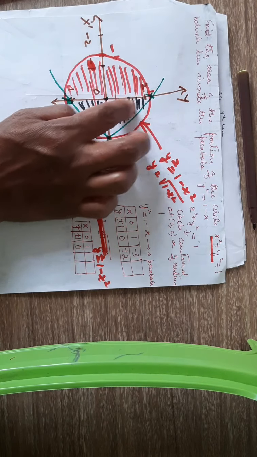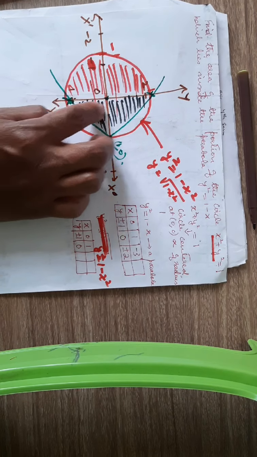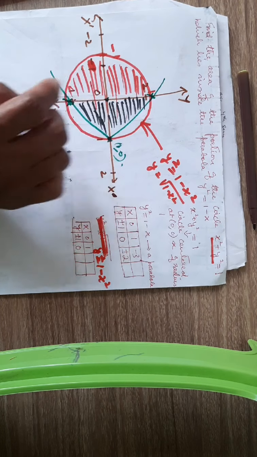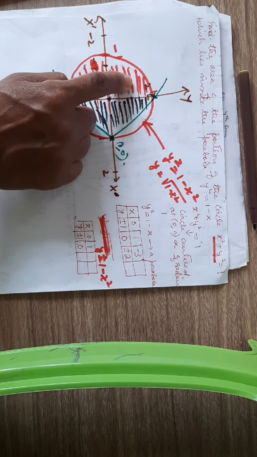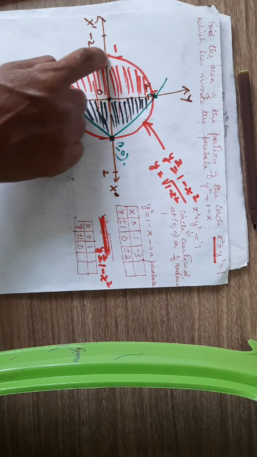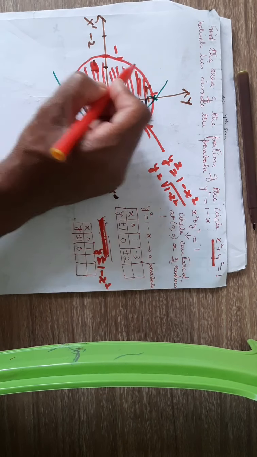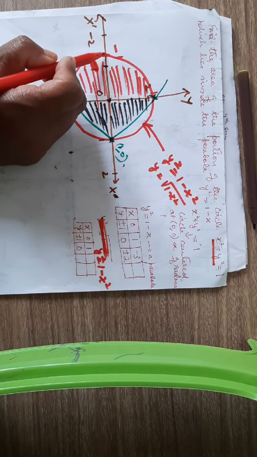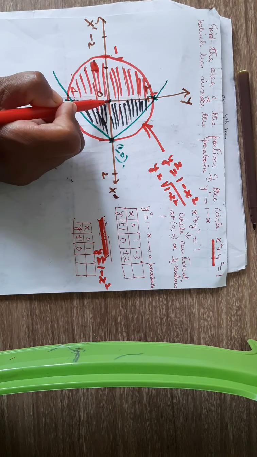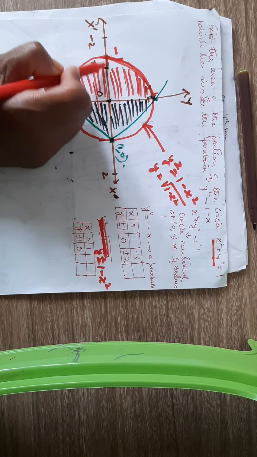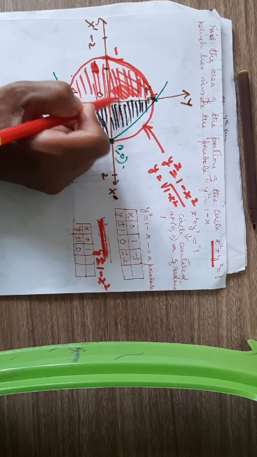The required area will be represented by this shade, one with black color and another one with red color. The area of the red region and this one will be the same because it is bounded by the curve y is equal to square root of 1 minus x squared, that is a circle, between x is equal to minus 1 and x is equal to 0. So it's enough for us to find only the area of this region.